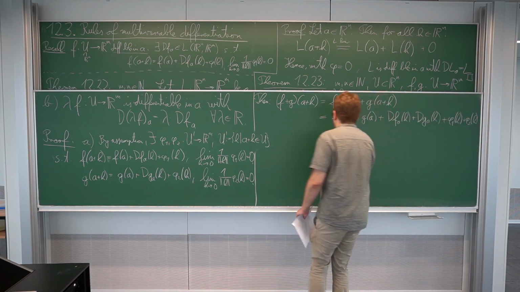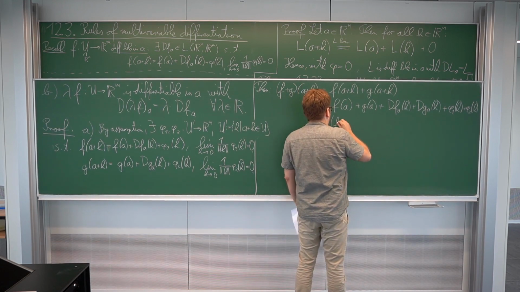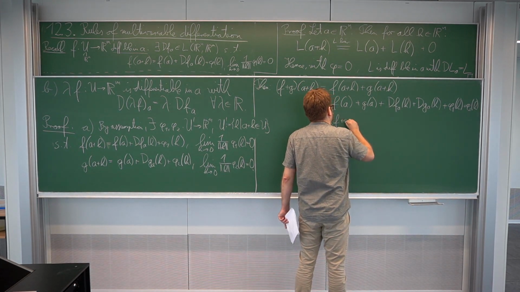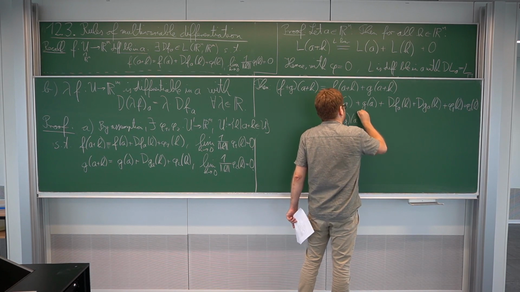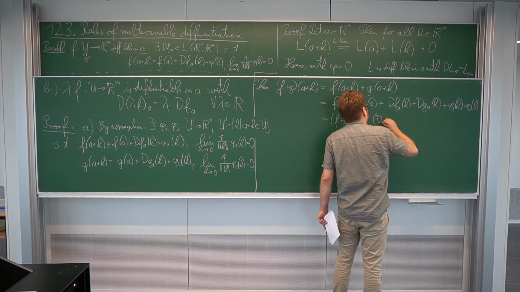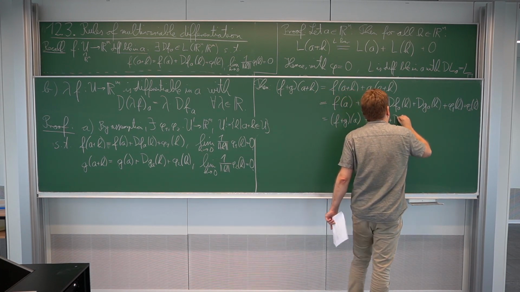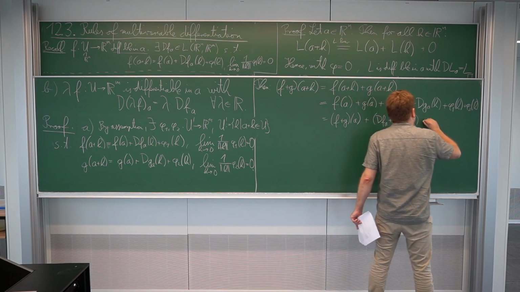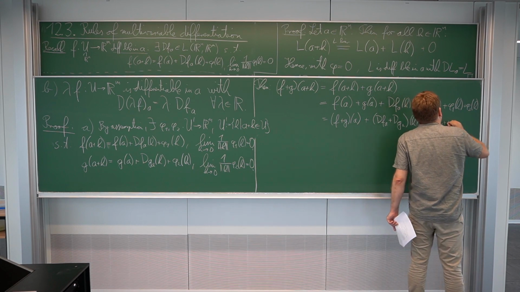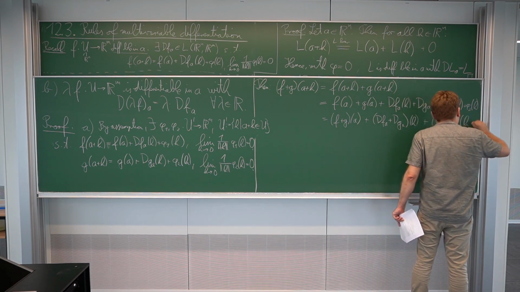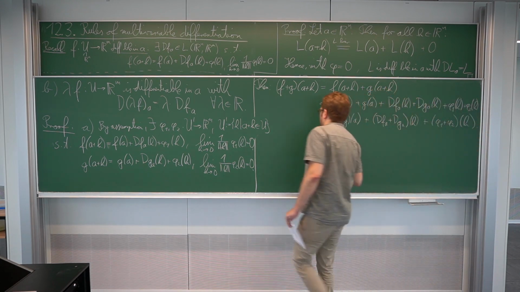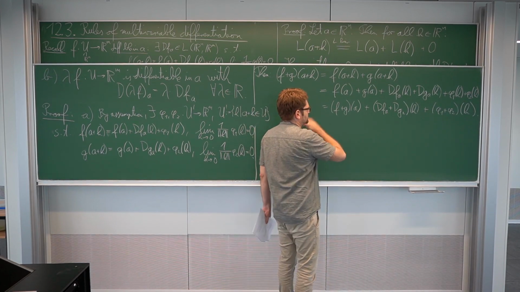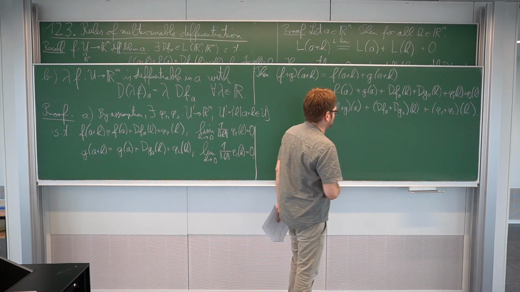So to summarize this, this is f plus g of A plus dfA plus dgA of H plus phi1 plus phi2 of H. Now, this looks like the thing we want for our differentiability relation.